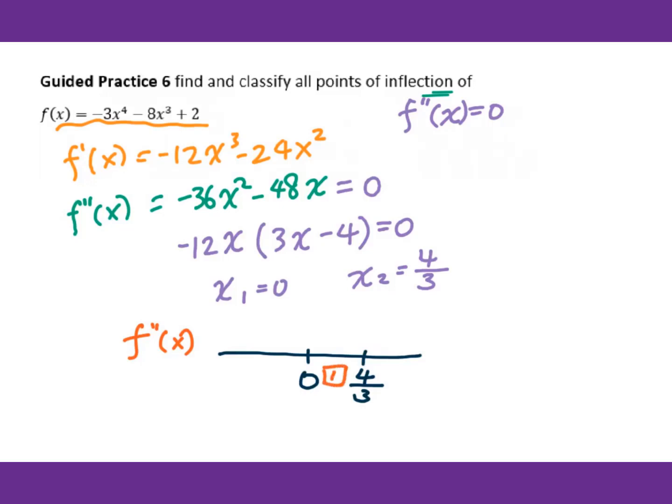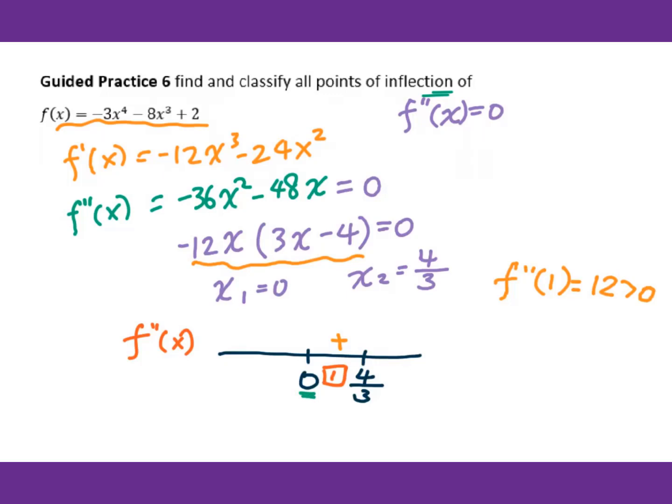When we plug into negative 12x times 3x minus 4, we get positive, because the second derivative of f of 1 equals 12, that's greater than 0.